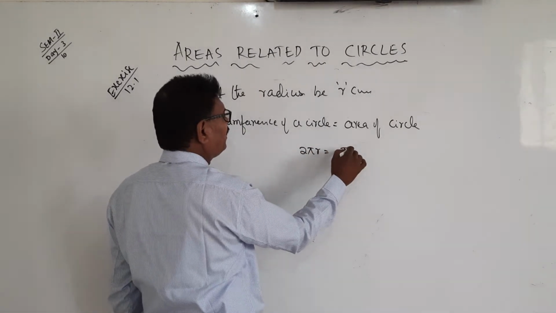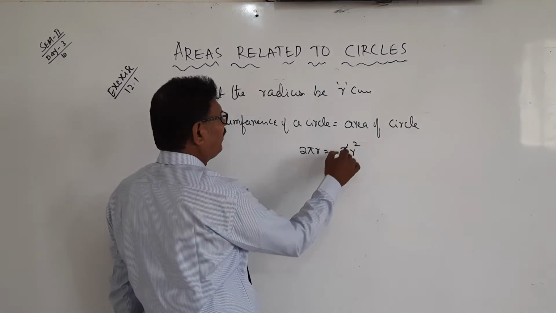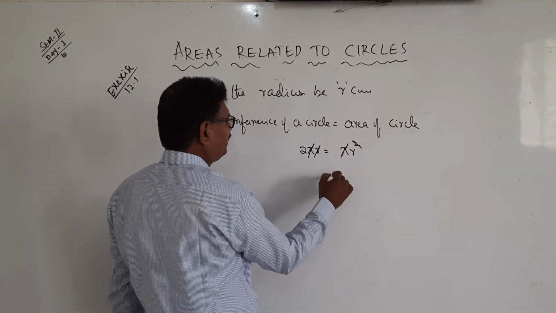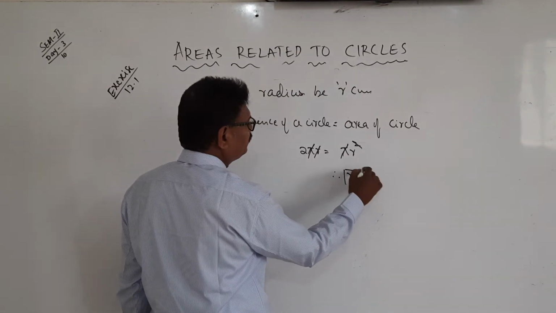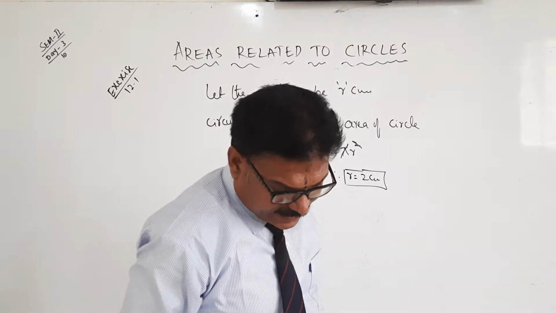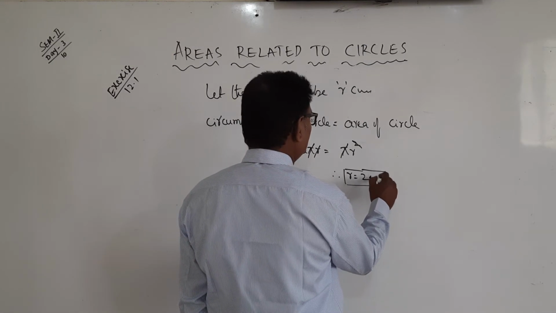What is the area? Pi r square. Right? Therefore, pi cancels, one r cancels. Therefore, r is equal to 2. So, 2 units, this is the answer, not 2 centimeter, 2 units.